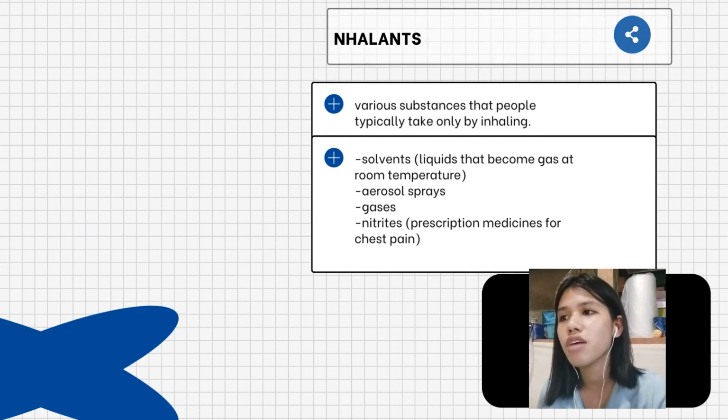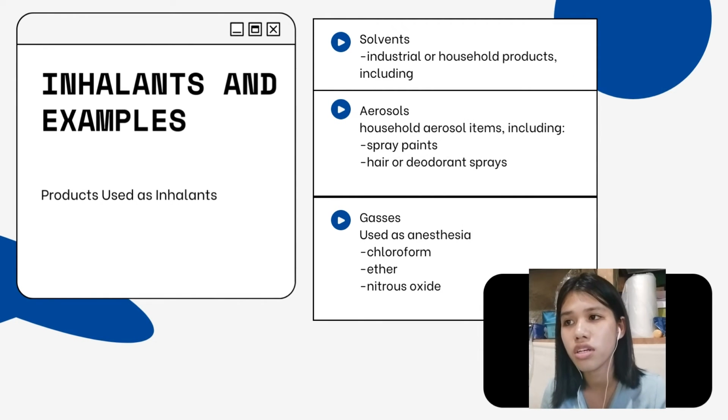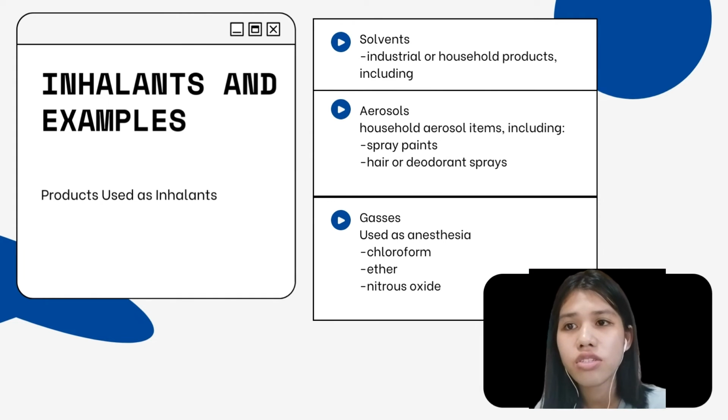So the examples of inhalants are industrial or household products including paint thinners or removers, dry cleaning fluids, gasoline, and lighter fluid. Aerosols include spray paints, and hair or deodorant sprays. And for gases, examples are chloroform, ether, and nitrous oxide.